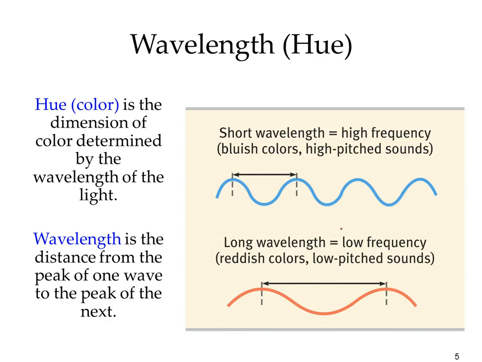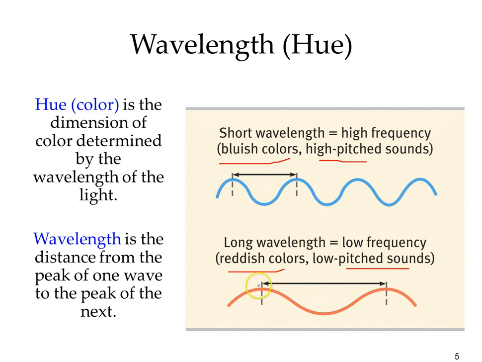All right, so wavelengths come in short wavelengths, which is more the bluish colors, and when we get to sound, it is also the high-pitched sounds. With long wavelengths, we have a low frequency, again, reddish colors and low-pitched sounds. And so that's going to sort of determine what it is that we process.